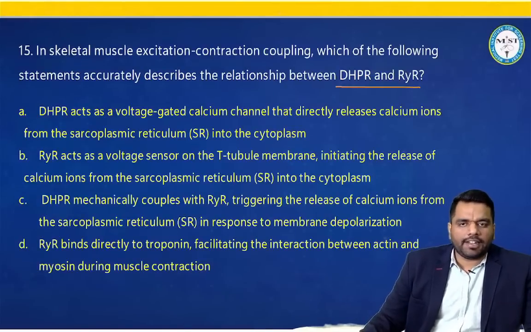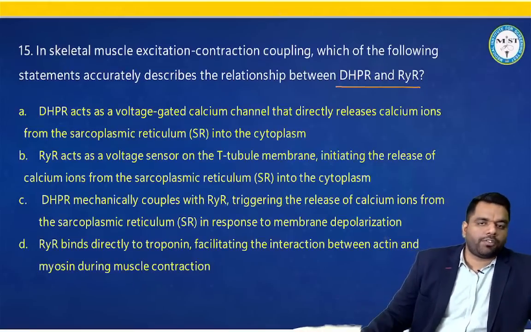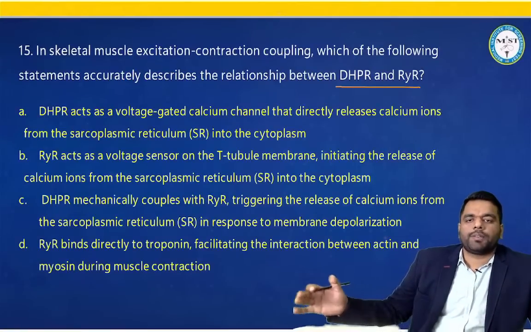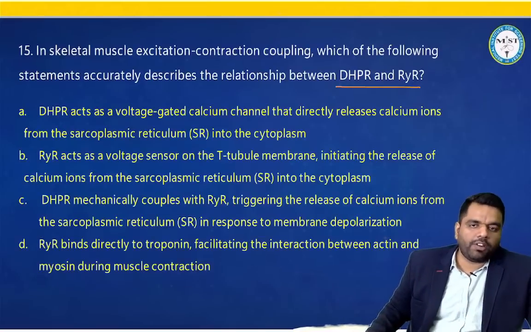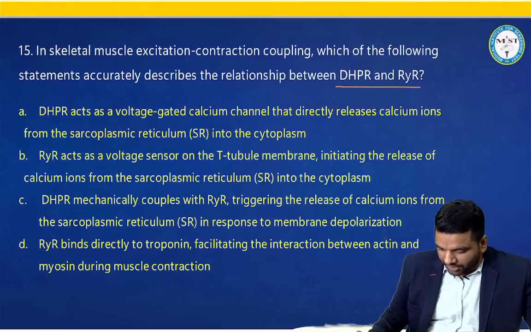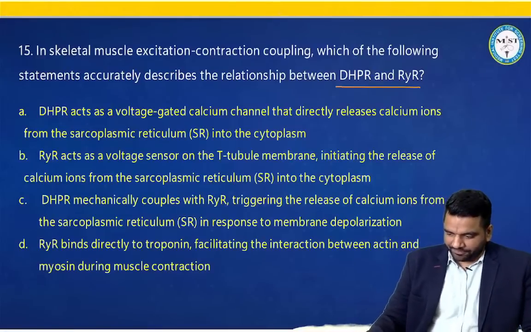Option C, that DHPR mechanically couples with ryanodine receptor, triggering the release of calcium ion from the sarcoplasmic reticulum in response to membrane depolarization. And option D, that ryanodine receptor binds directly to troponin, facilitating the interaction between actin and myosin during muscle contraction. Yes. So please answer for question number 15.